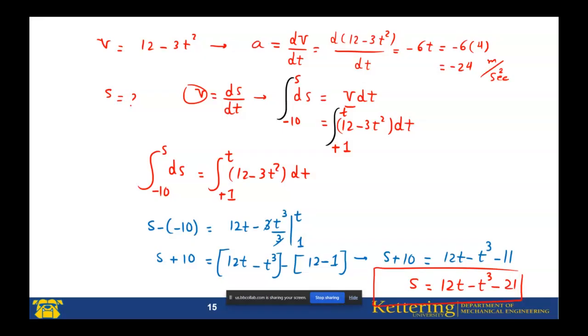Now, when I have s, I can find the initial position of the particle. How much is the initial position of the particle? Yes, minus 21.